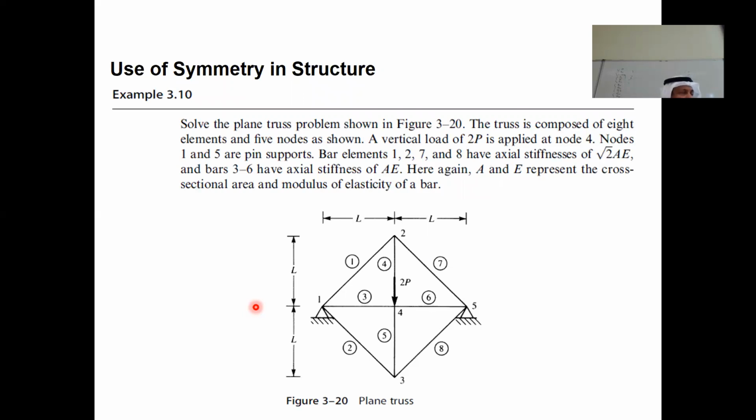If somebody gives you this problem, how will you solve it? I gave this problem in one of the majors. It's symmetric. Don't solve the whole problem; you have to use half of it. 1 is the same as 5. 3 is the same as 2.